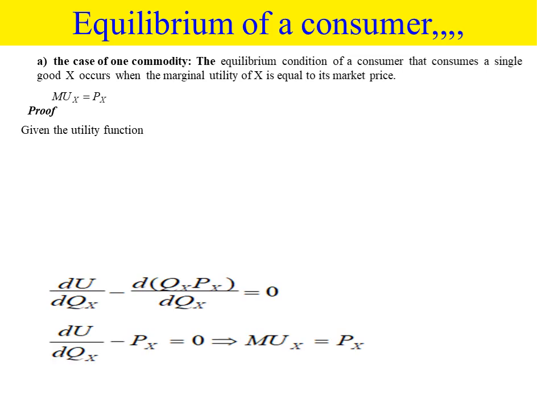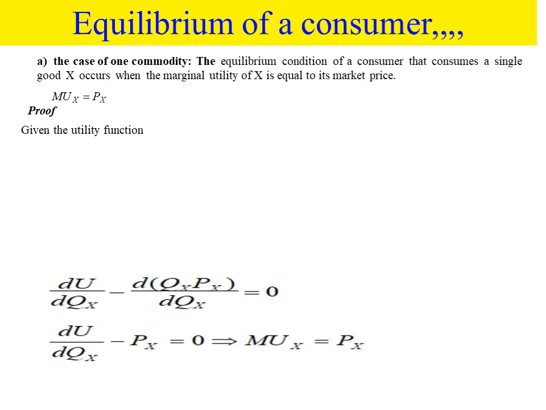Let us see the case of one commodity. The equilibrium condition of a consumer that consumes a single good X occurs when the marginal utility of X is equal to its market price. This is when the marginal utility of product X, that is banana for example, is equal to the price of X. At this point, the consumer's utility is at maximum.